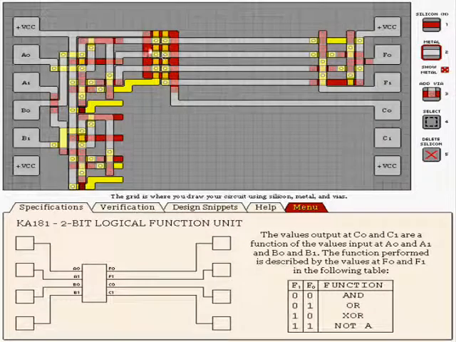So what I have here is, all these functions will run simultaneously: A and B, A or B, A XOR B, and not A. All run simultaneously. Now, whoops, that's wrong.